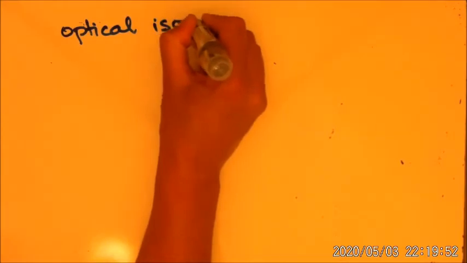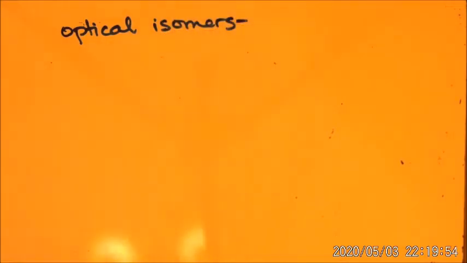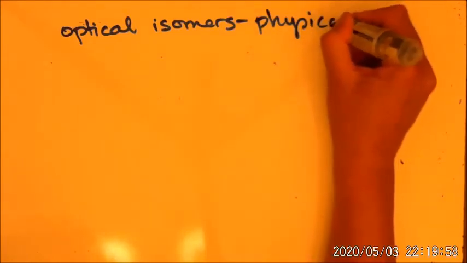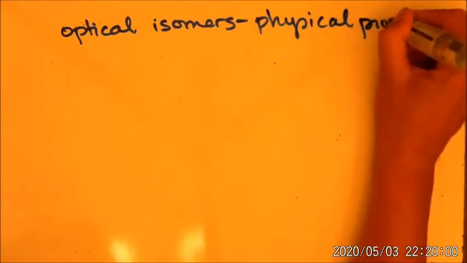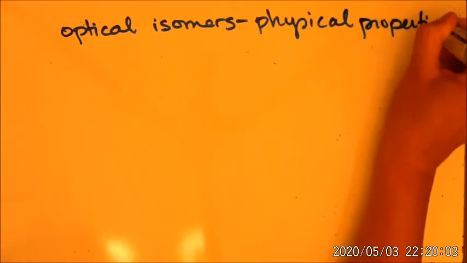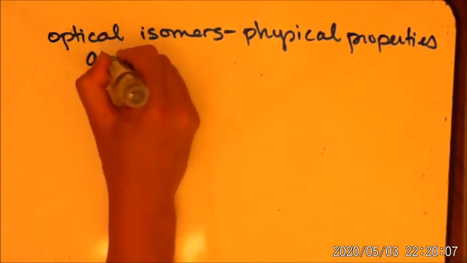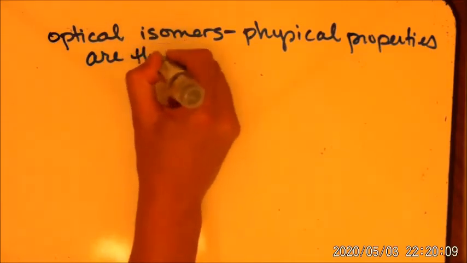Okay, so if I have molecules that are optical isomers, their physical properties are the same.